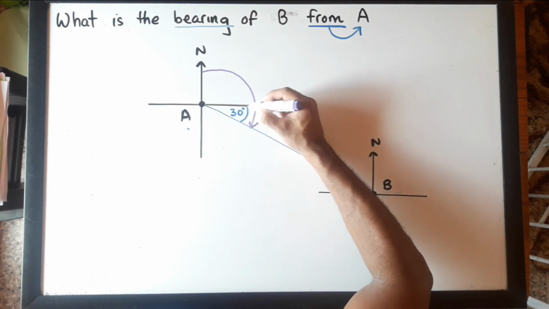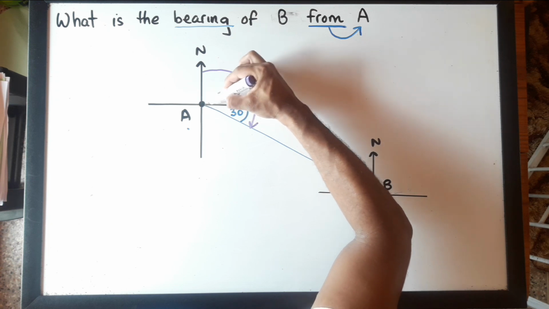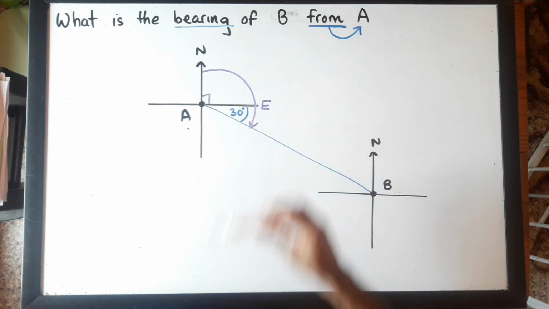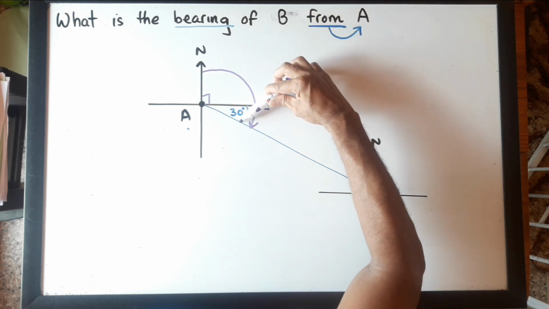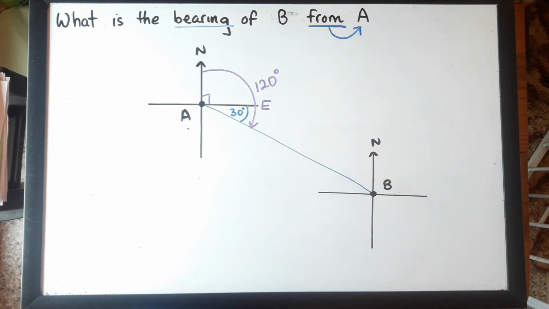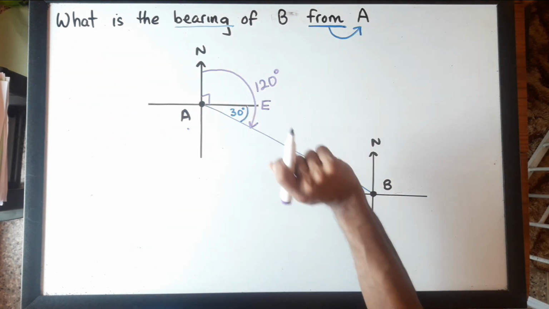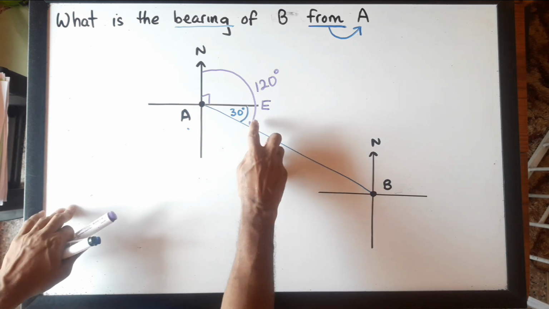If here's 90, and remember here would be east, the angle between north and east would be 90 degrees. So the full angle would be 90 plus 30, giving you an answer of 120 degrees. So the answer for this particular question is 120.